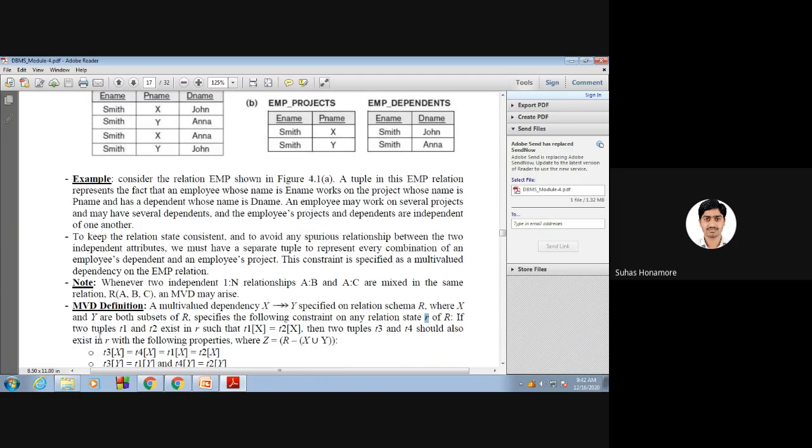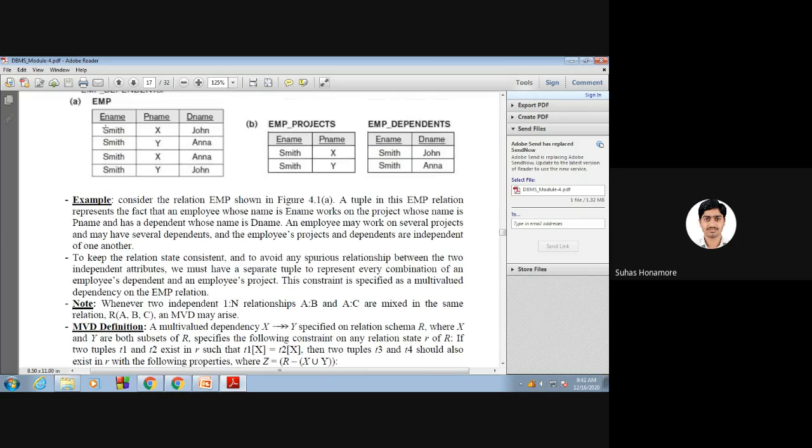If two tuples t1 and t2 exist in r, the first row is t1 and the second row is t2, such that t1[X] is equal to t2[X], then two more tuples will be there, that is t3 and t4.